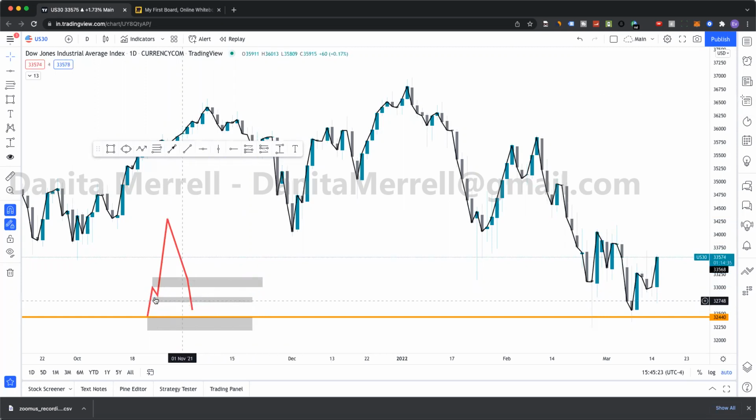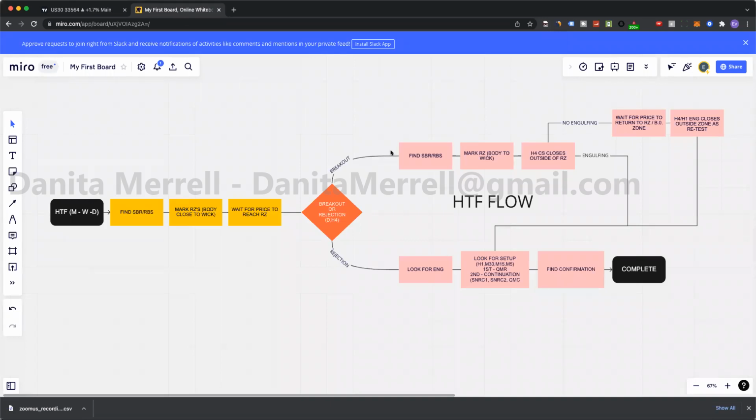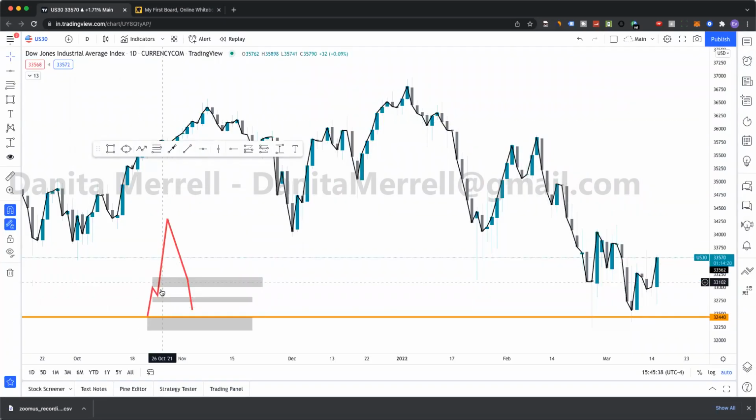We understand that this is now going to be a rejection zone, but price came through and broke out. So we have a breakout. What we have to do on the breakout is find where the SBR or RBS is, which is right here. Because this was RBS, and now it's SBR, because this was support now becoming resistance.